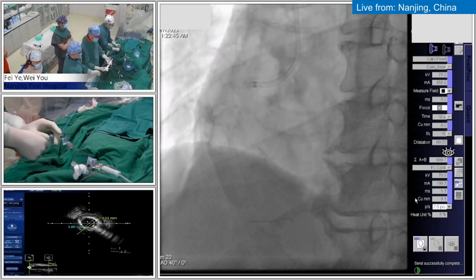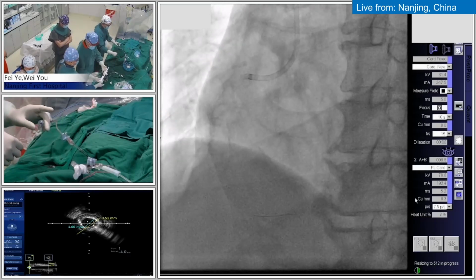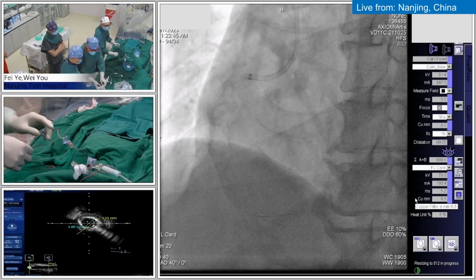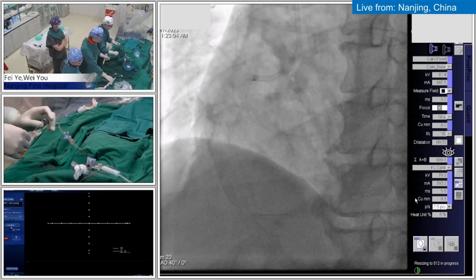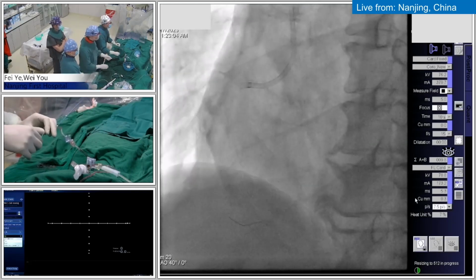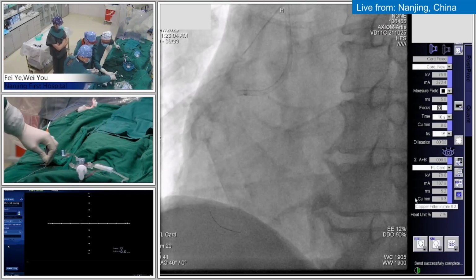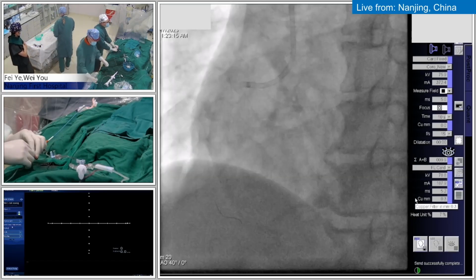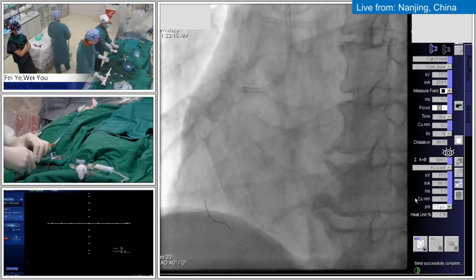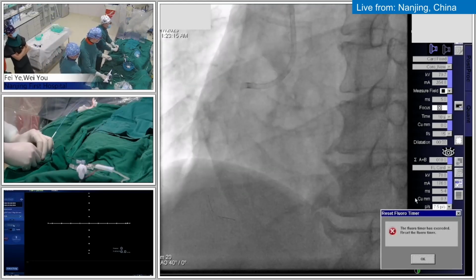Okay, prepare the run-through wire for me. I will check the IVUS. Okay. Run-through wire. Run-through wire, please.